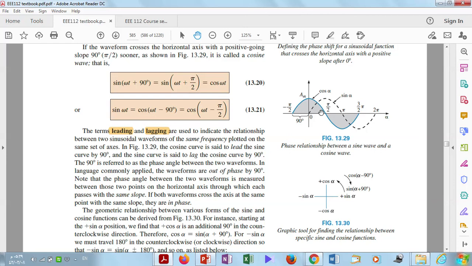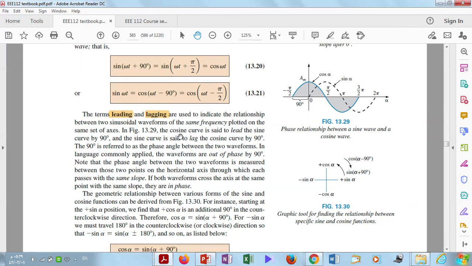This means cosine متقدم على الساين by 90 degrees. Or we can say the opposite, sine lagging cosine. It is similar, we say the same information in a different way. Leading متقدم, lagging متأخر.